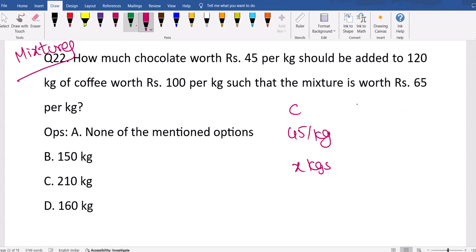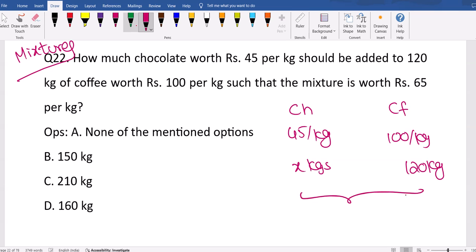You want to mix it with coffee at 100 per kg, 120 kgs, so that after mixing, the result should be 65 per kg for the weight of X plus 120. The total is X plus 120 kgs, no?